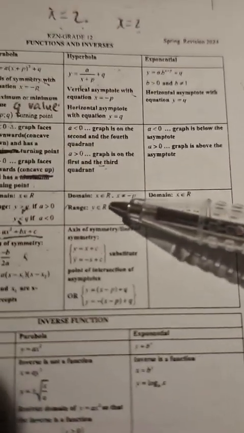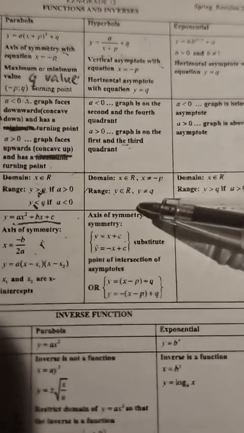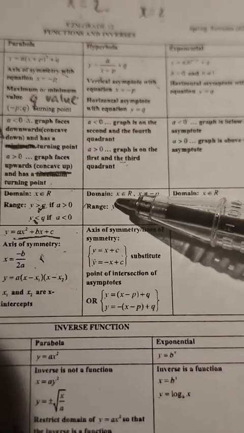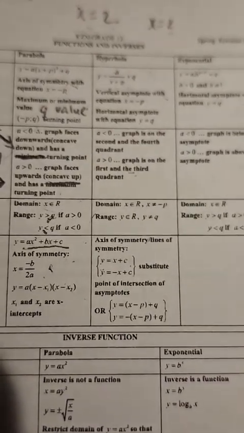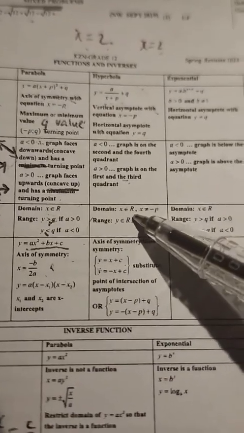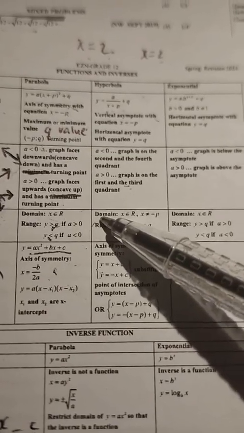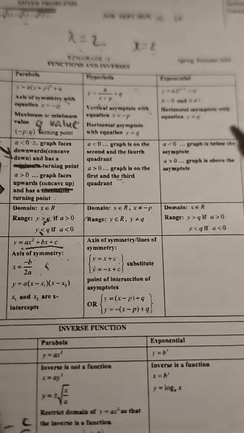Okay, let's go now and just check. Let's go check here now. What about the domain and the range of a hyperbola function? Guys, straightforward, this one. When we write down the domain of a hyperbola function, remember, the word domain, what does it mean?